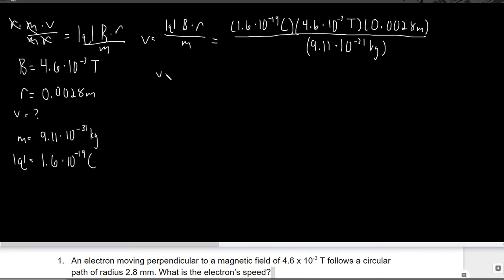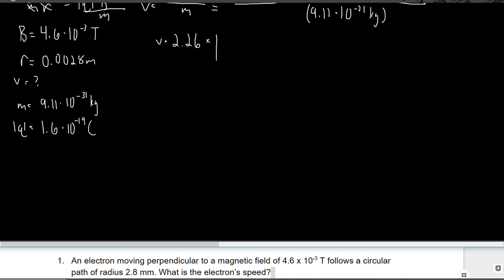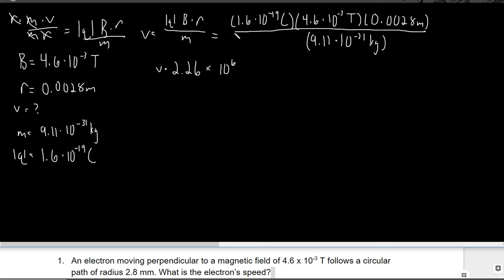So the velocity of the electron is 2.26 times, whoa, that was a little weird, times 10 to the 6. Velocity, in this case, is going to be in meters per second, kind of that normal velocity we use. So that's how fast that electron's moving.